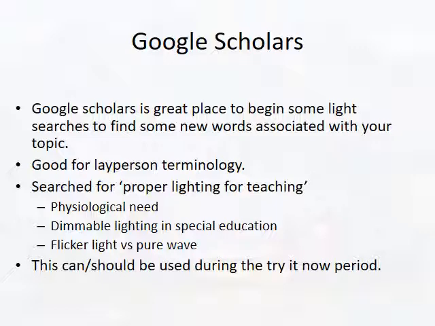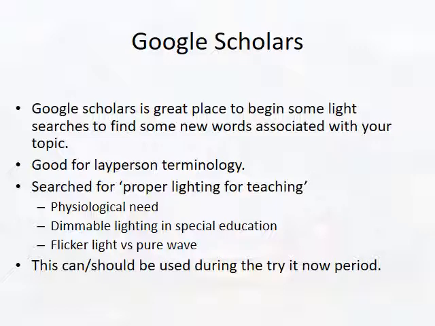The 3 were the physiological need. I didn't realize that lighting had to do with the body and had to do with a physiological need. I know it makes sense now that we're talking about it, but at the time it hadn't really entered my thinking. Dimmable lighting in special education.